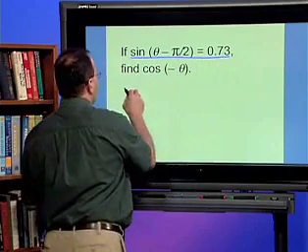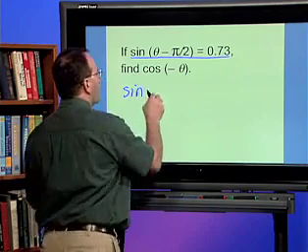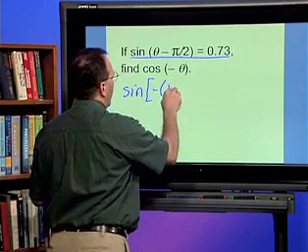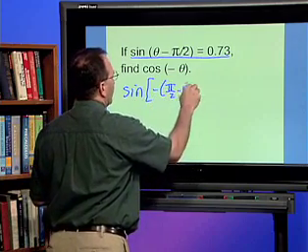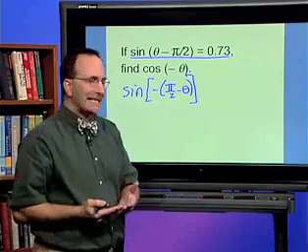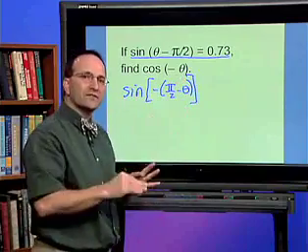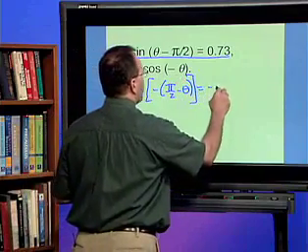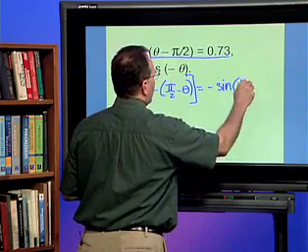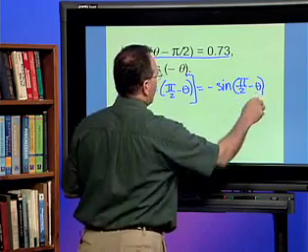And notice that I can rewrite the sine of theta minus pi over 2 as the sine of negative pi over 2 minus theta. And I do that because now I can use the odd identity that the sine of negative x is equal to negative the sine of x. So this is equal to negative the sine of pi over 2 minus theta.